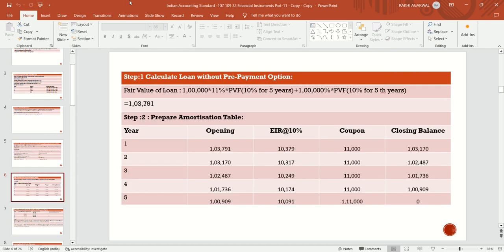Now we will make a calculation. We have already evaluated the loan with the prepayment option. Now we will calculate the loan without the prepayment option. If it is not prepaid, how will we calculate the amortized cost? We will determine the fair value of the loan, that is 1 lakh, at the rate of 11%, and we will make it at a present value factor.